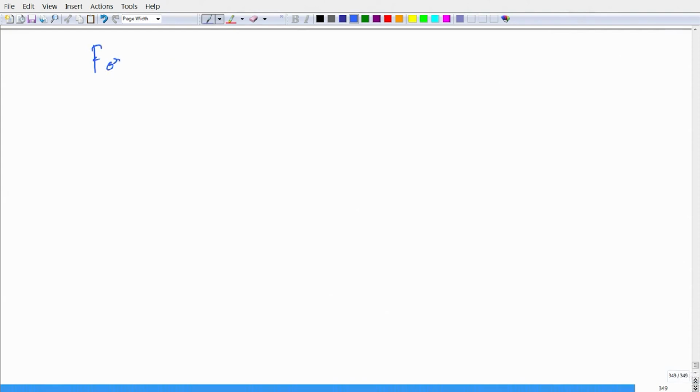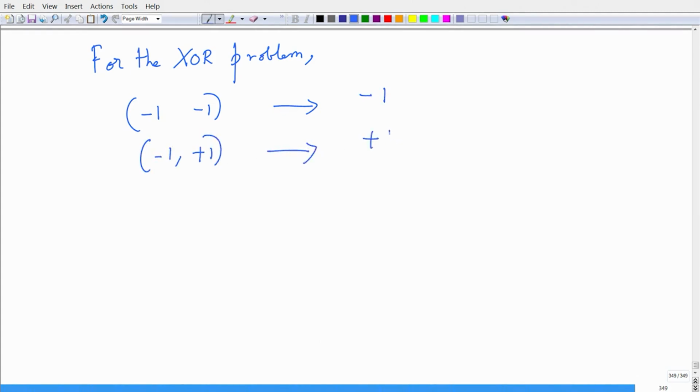So, for the XOR problem, I have data points -1, -1 that corresponds to a response -1; -1, +1 that corresponds to a response +1; +1, -1 that corresponds to a response +1; and then +1, +1 that corresponds to a response -1.